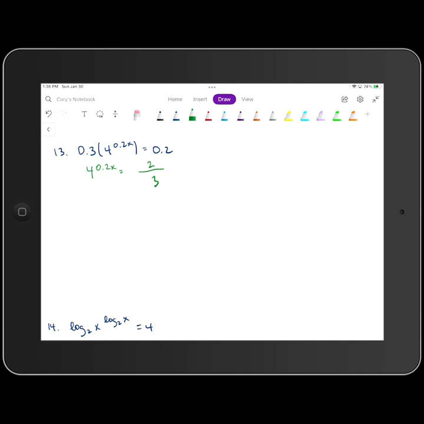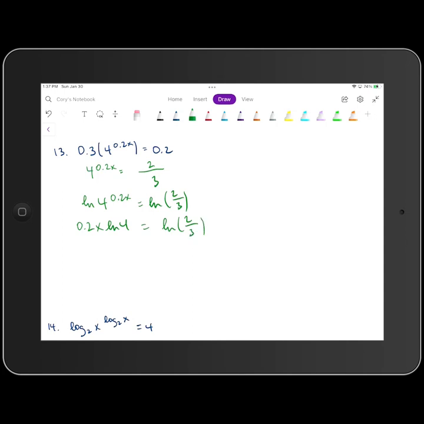Okay, so I want to get x out of the exponent here to solve, so I'm going to take the natural log of both sides. And then I can take the exponent and pull it out front as a factor. So we get 0.2x times the natural log of 4 equal to the natural log of 2/3.